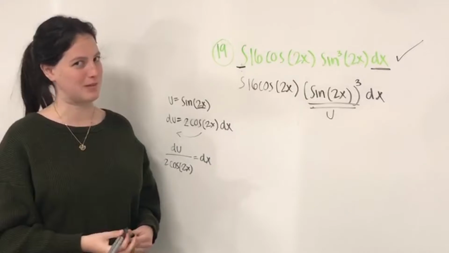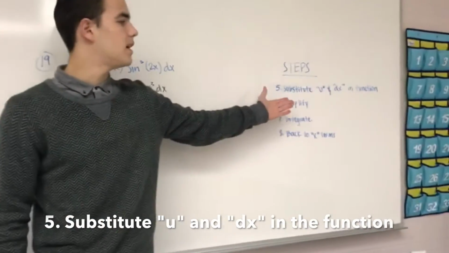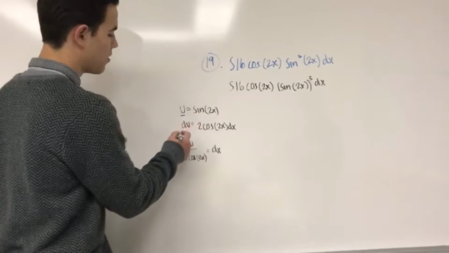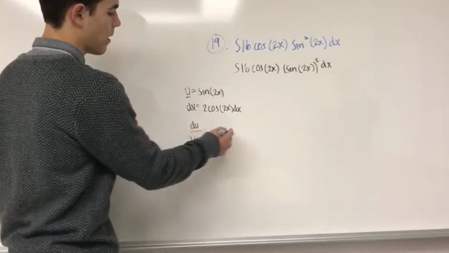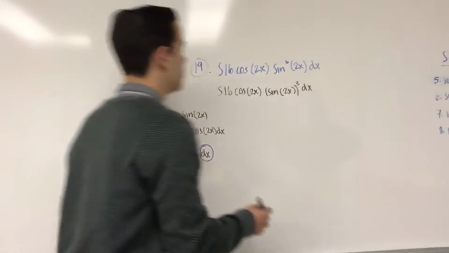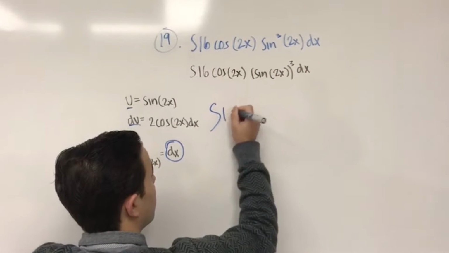Now you're ready to substitute. For step 5, you're going to substitute u and dx in the function. So I have my u here, my du here, and my dx, which is the one I'm going to replace in the formula. So I'm going to rewrite the formula with the replacement.